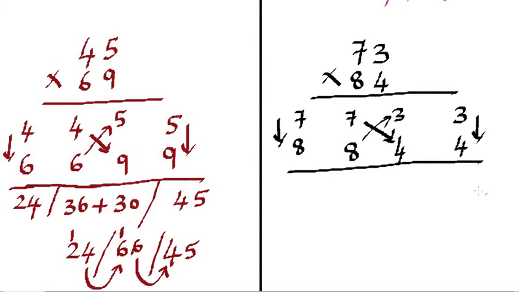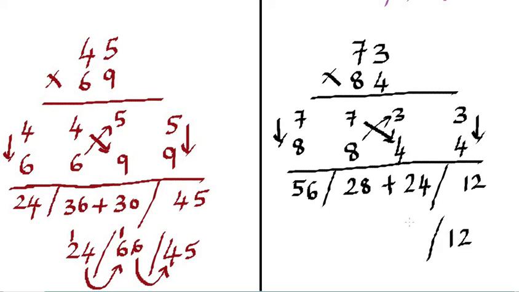Let's write down. 3 and 4 is going to give us a 12. Separate it. 7 and 4 is 28 plus 8 and 3 is again 24. Separated, 7 and 8 is 56. Write down the 12 again. 28 and 24, when I add them, give us 52.